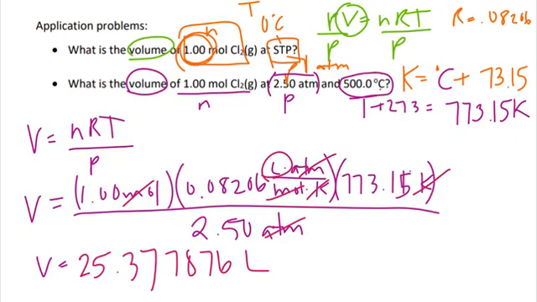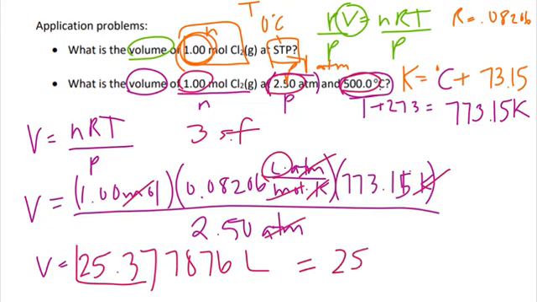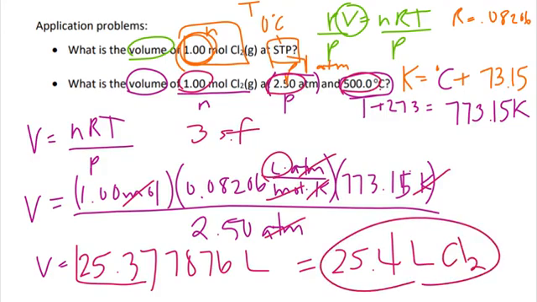But again, if I want to go back and look at what I'm starting with, I have 3 sig figs, 3 sig figs, 4 sig figs, so my least would be 3. So I need to round to 3 sig figs. So that's 7, we'll round that 3 up, so it should be 25.4 liters of chlorine gas.